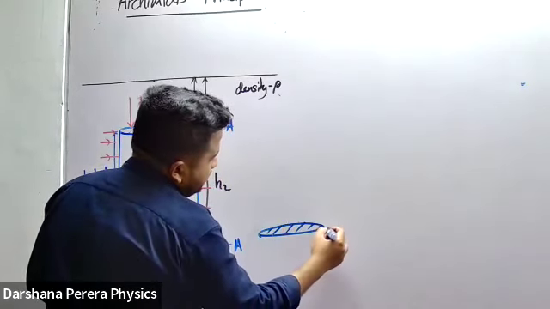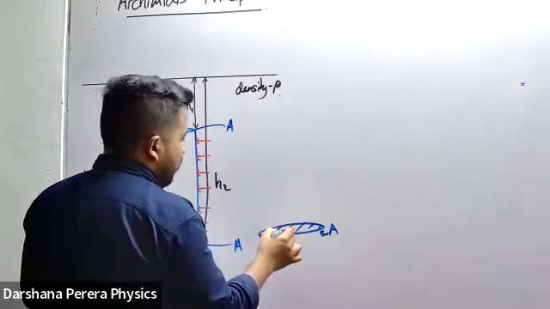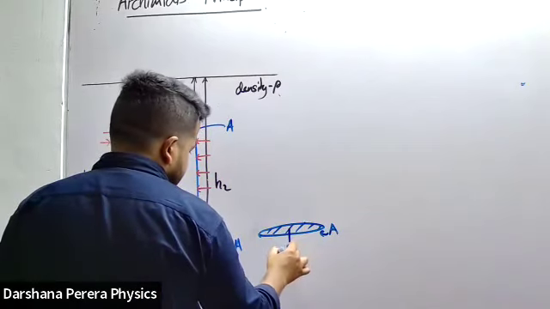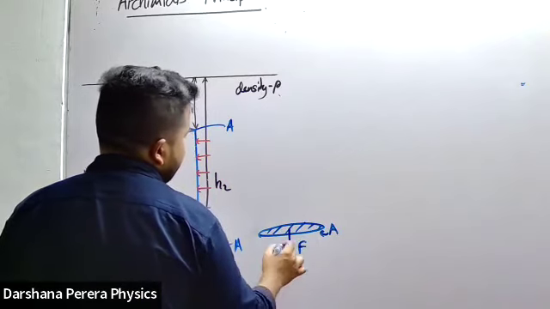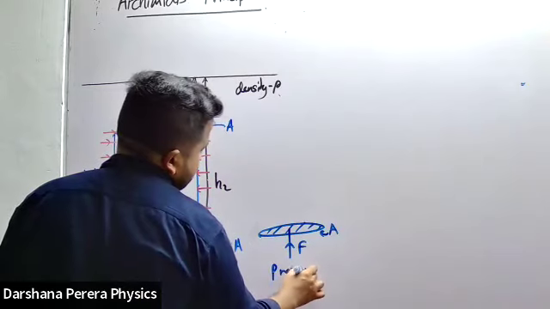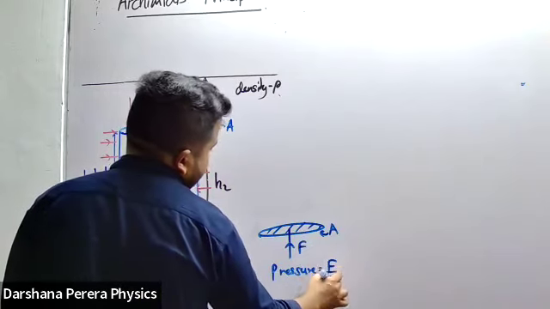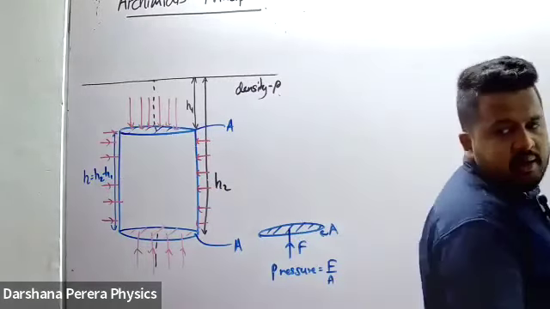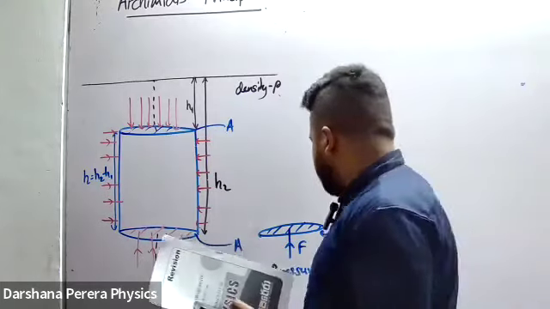There is a cross section A. The force acting on the object is F, so the pressure created by that is F over A. Write down when considering the cross section.